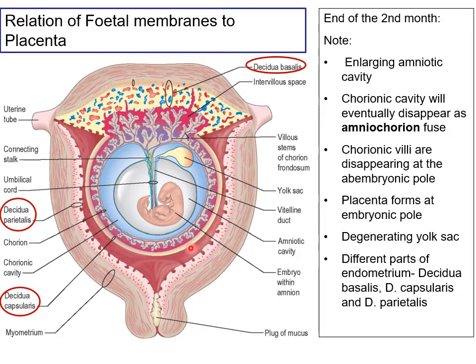So there is endometrium still covering the whole structure, and that endometrium is known as decidua capsularis. So it's still within the endometrium. And then note all the other parts of the uterine wall, there is also endometrium, and that is known as decidua parietalis. Parietalis means wall. Okay, this is all endometrium here. So do you understand the difference between decidua basalis, decidua capsularis, and decidua parietalis? So we'll see what happens to these finally.